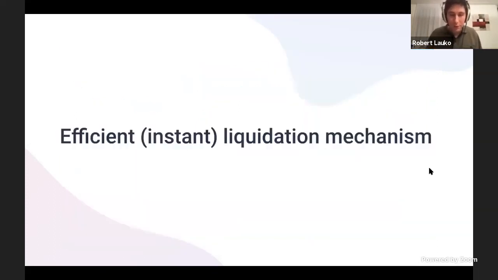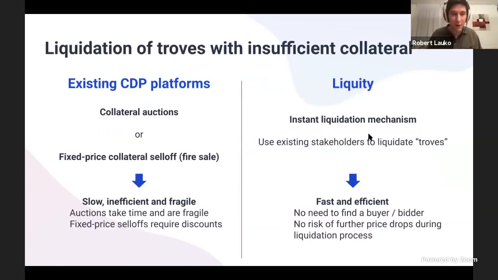So let me first of all give you more details on our instant efficient liquidation mechanism. If we compare it to what existing CDP platforms do, when a position becomes undercollateralized, they either do collateral auctions where they basically sell the collateral to the highest bidder, or they just sell the collateral at a fixed price.